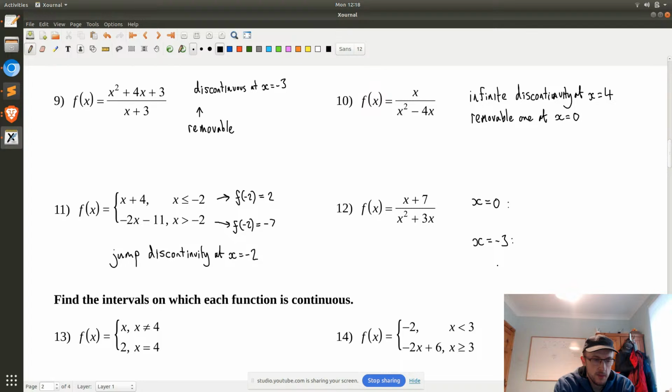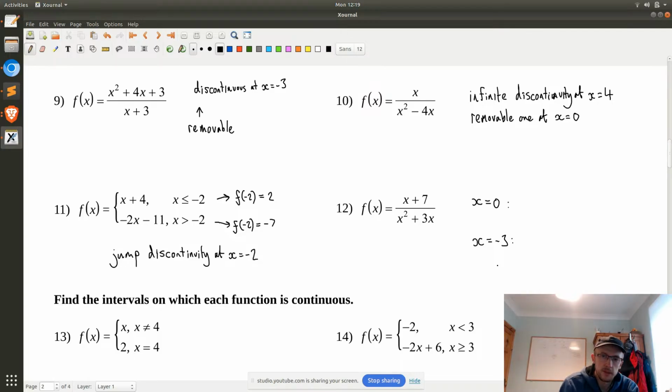We get 232 for 0.01. Negative 23. Negative 200.